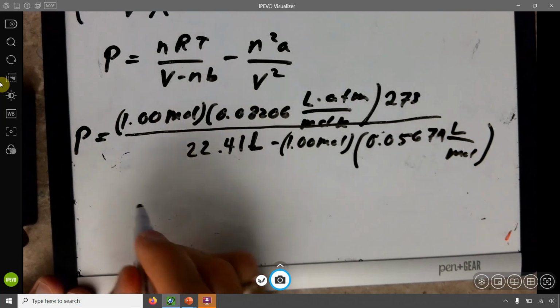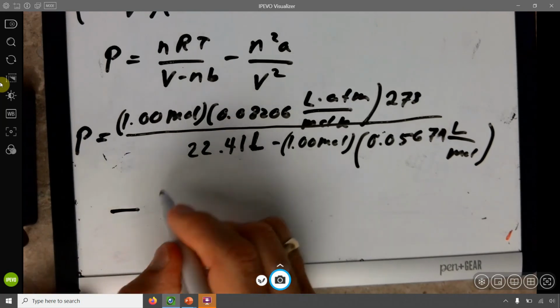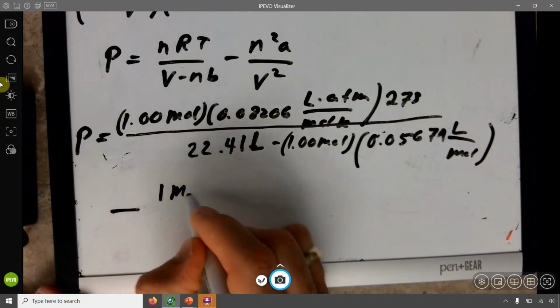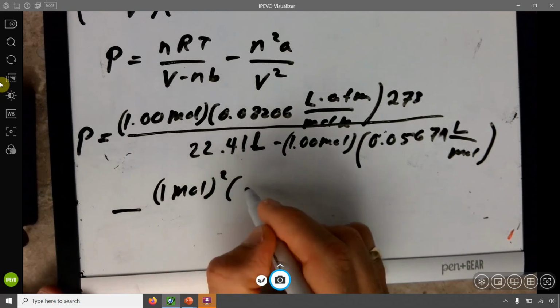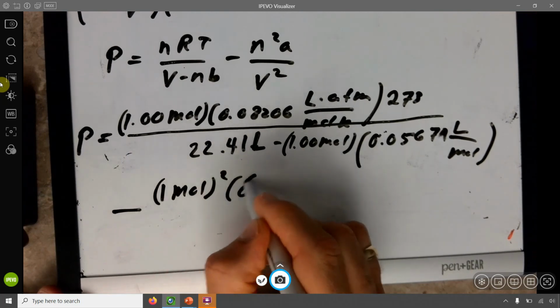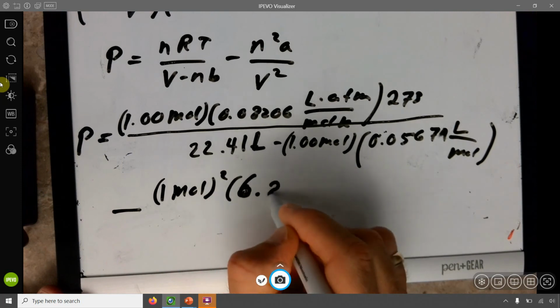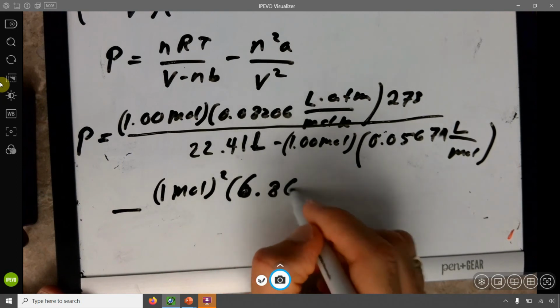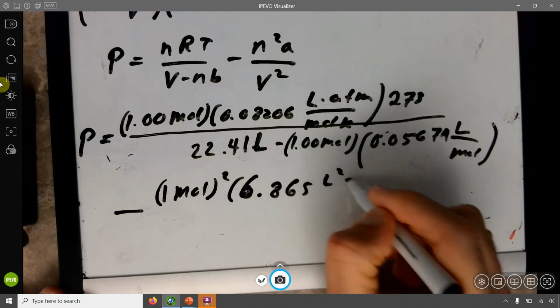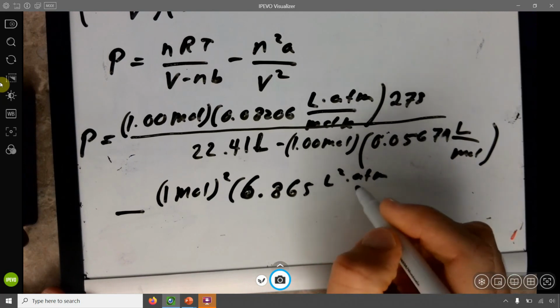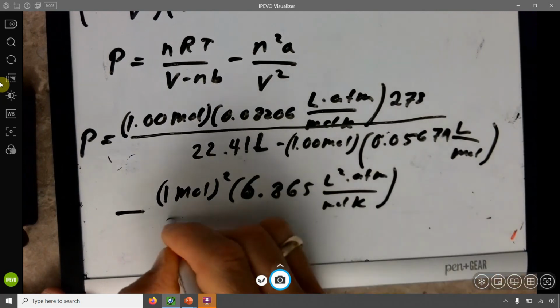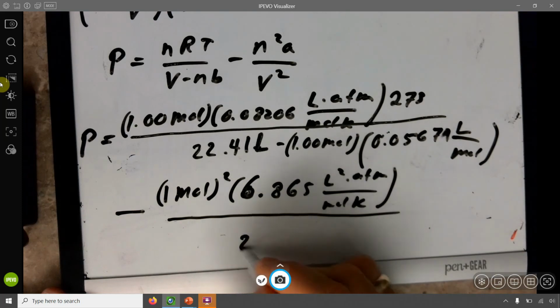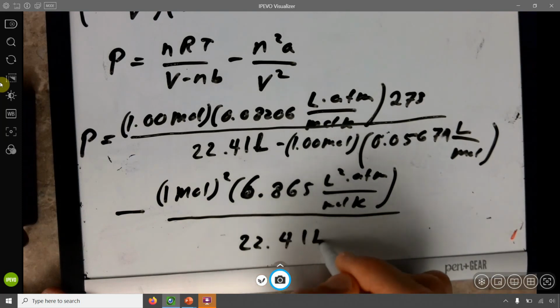Now I have to subtract 1 mole squared, 6.865 liters squared ATM per mole K, divided by 22.41 liters squared.